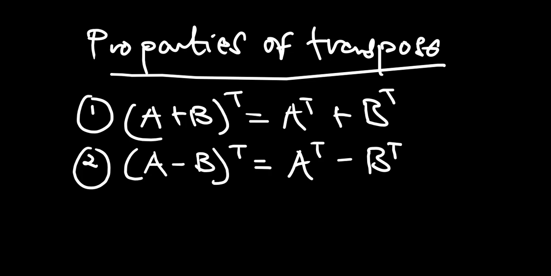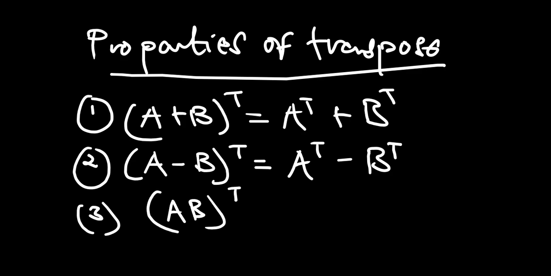And then the important one now. If you have A multiplied by B and then you take the transpose, the answer that you are going to get here is not A transpose B transpose. So this here is wrong.